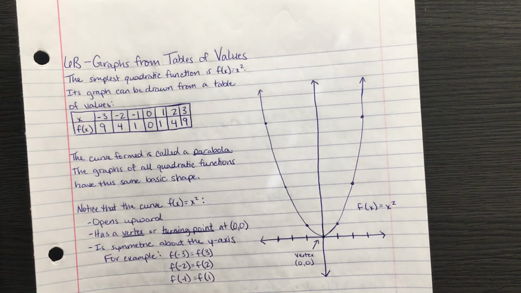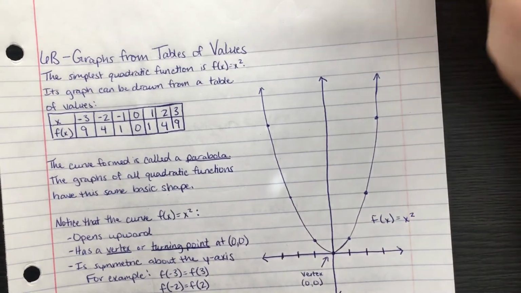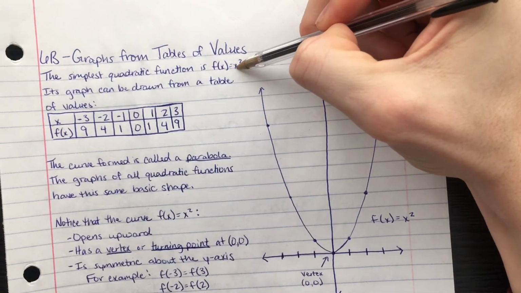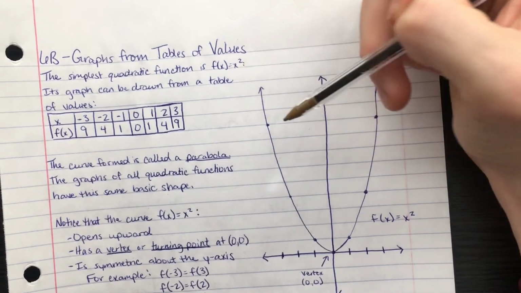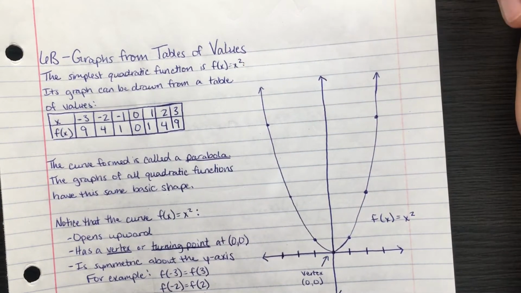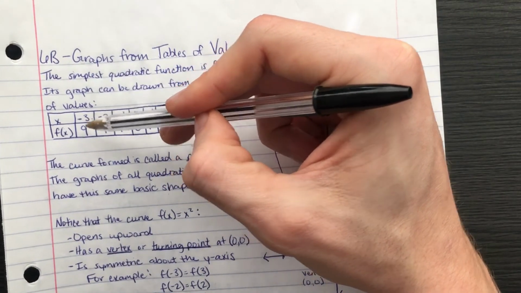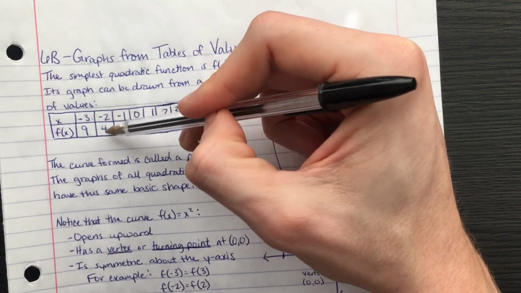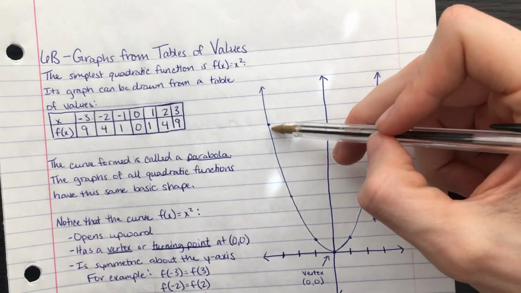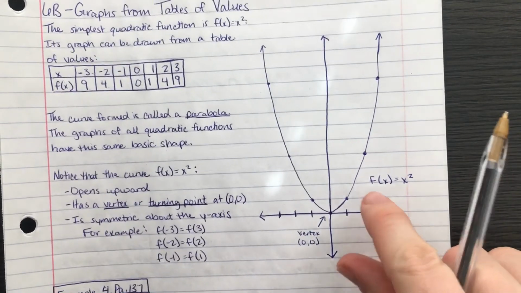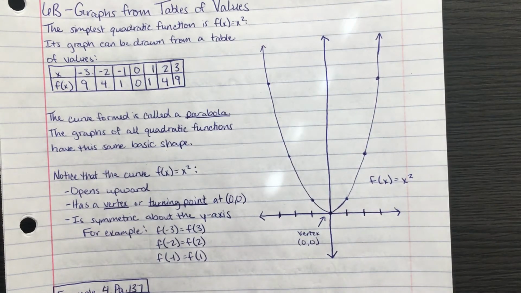All of these parabolas are based off the simplest quadratic function: you have a variable, which in this case is x, and you square it. Whatever number we put in, we multiply it by itself, and that's how we get the y value. Like if we put in negative 3, negative 3 times negative 3 is 9, negative 2 times negative 2 is 4, and so on. If you plot and connect those points, you get a graph that looks like a U, and this is what we refer to as our parabola.